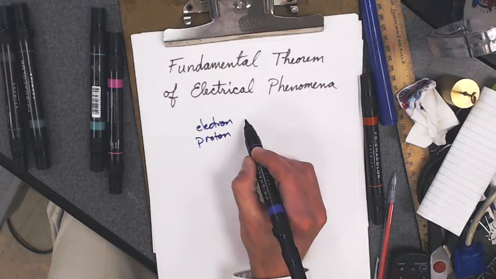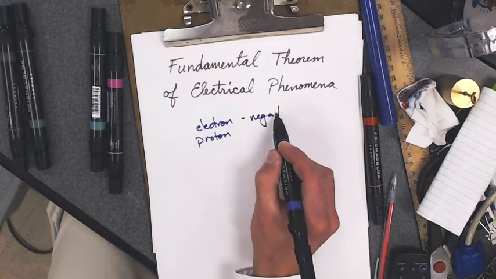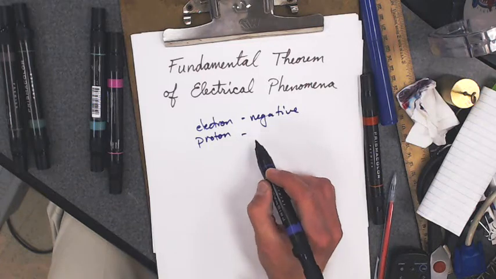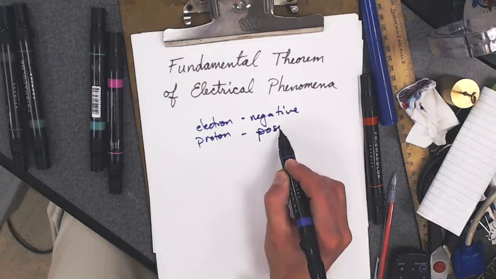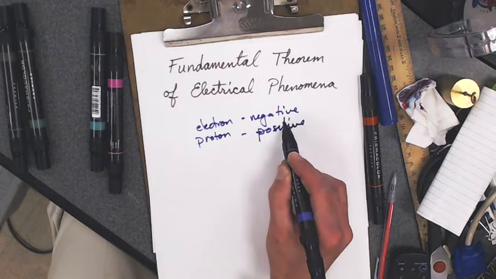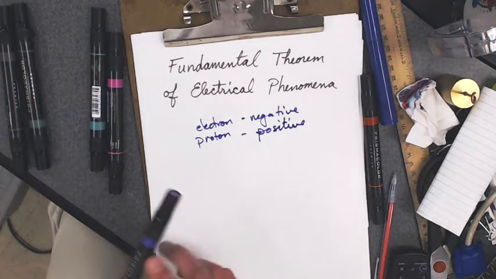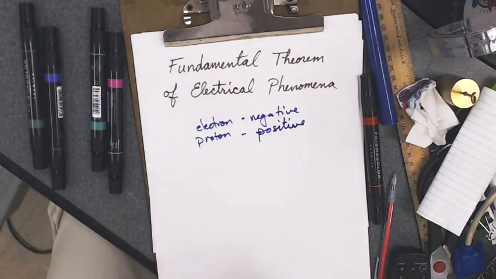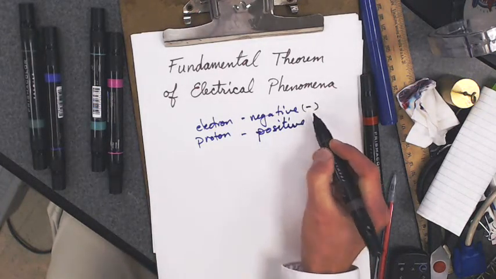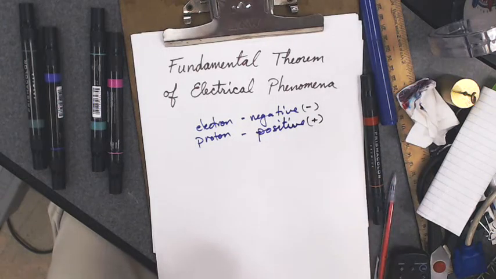The electron has what's called negative charge, and the proton has positive charge. So the fundamental theorem of electrical phenomenon is that we have negative and positive.